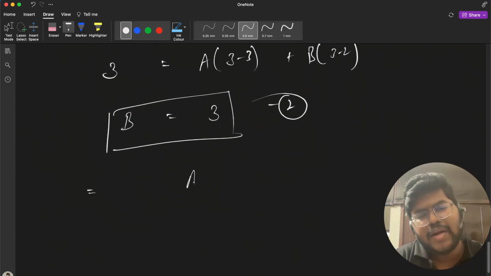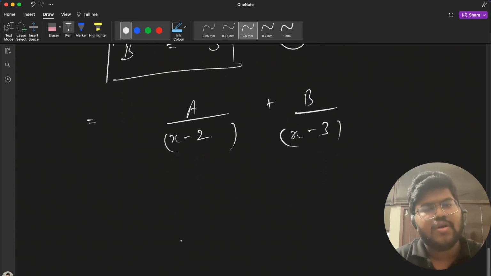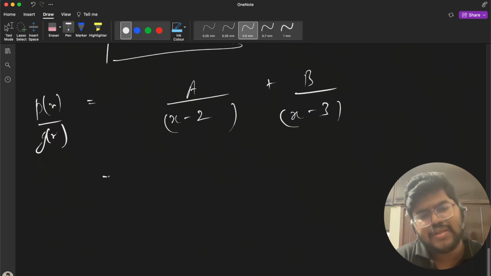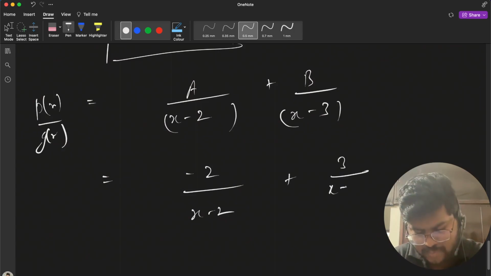Now simply write a upon x minus 2 plus b upon x minus 3. So now this px upon gx can be written as minus 2 upon x minus 2 plus 3 upon x minus 3, right?